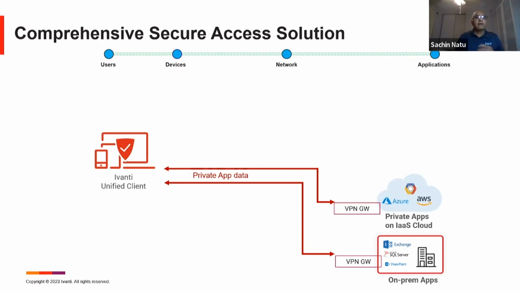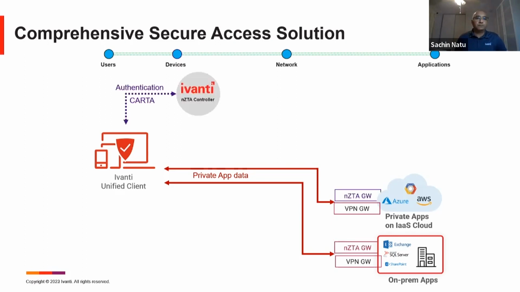Very simple. You had these VPN gateways into either on-prem or the SaaS apps. This is how the majority of our deployments used to be, and almost everybody still has this, even as they are migrating to ZTA.